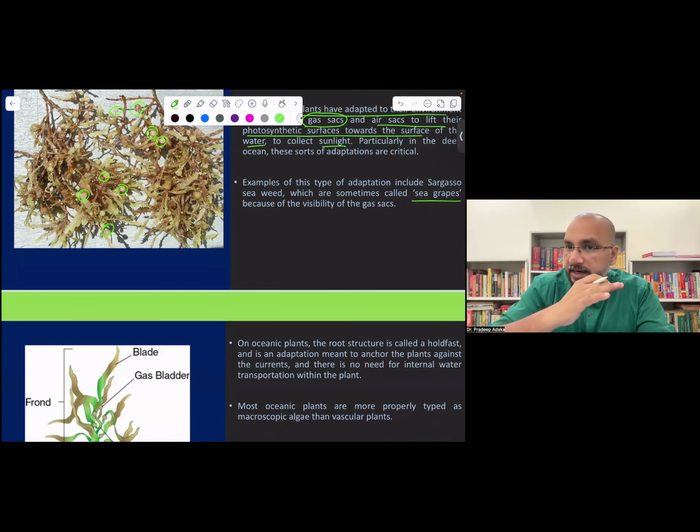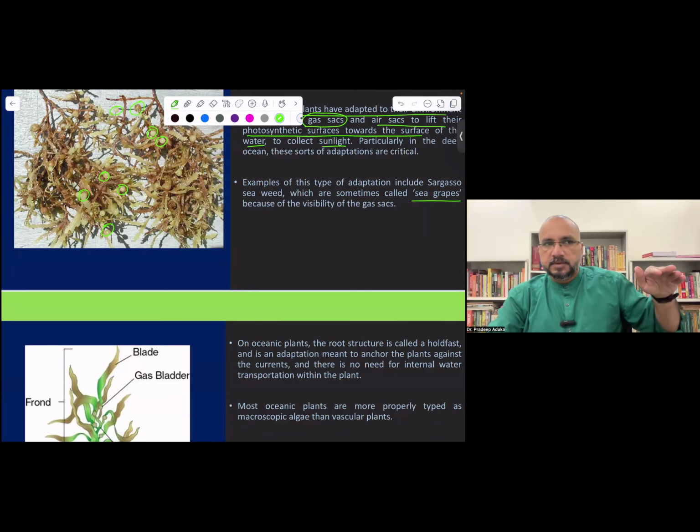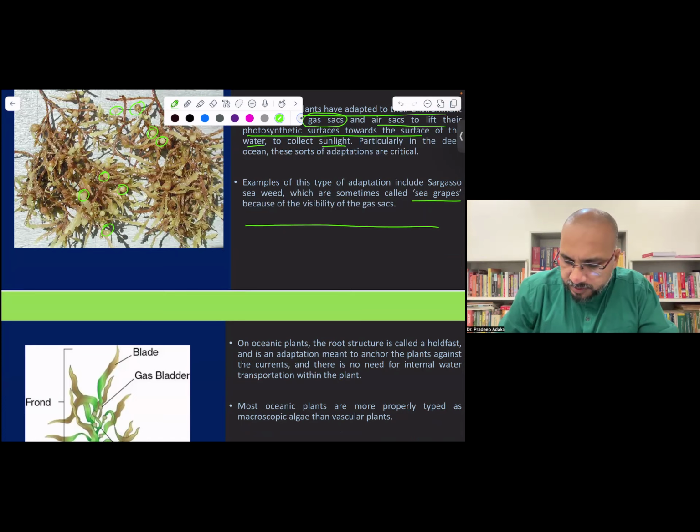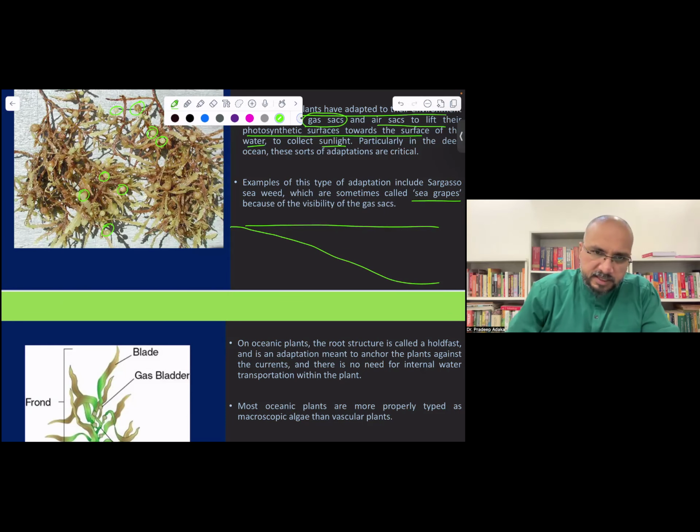If they are near the coastal area, near the shore, up to 200 meters, sunlight can easily penetrate, right? Near the coast where the water is not very deep, even if they are at the bottom, suppose this is the ocean, as you go deeper the depth will increase.